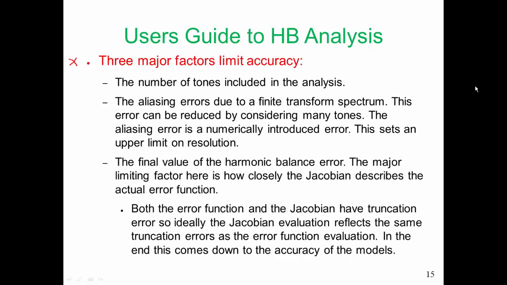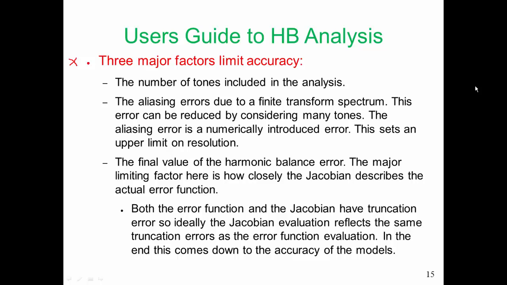Another major limiting factor is the final value of the harmonic balance error that we're able to achieve. It will never be exactly zero, of course. In fact, you can never get zero from Newton iteration. There must always be a little error, and we'll always be making corrections, and there'll be a little bit of dithering. But sometimes there's a final error because our equations are not good enough.